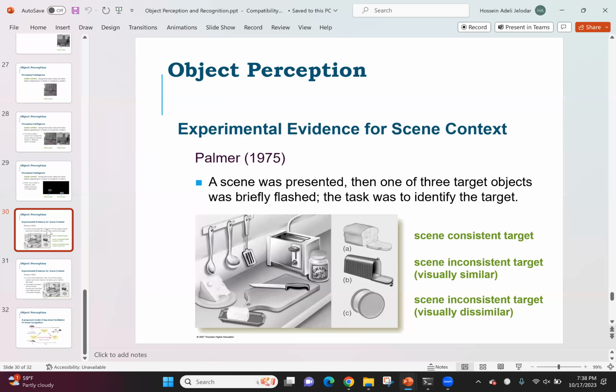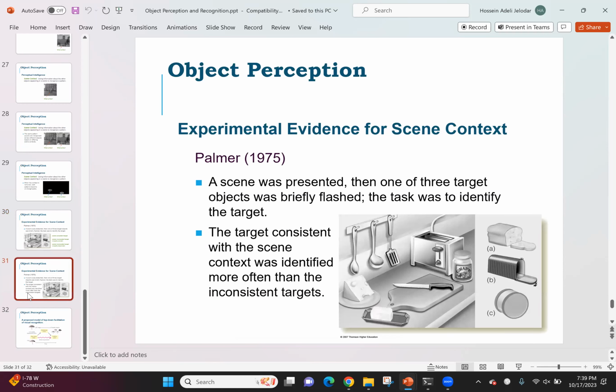Then you could flash an image that is either scene consistent, in this case a white bread, or scene inconsistent but visually similar, like a mailbox, which looks like white bread, or a scene inconsistent target that is visually dissimilar.